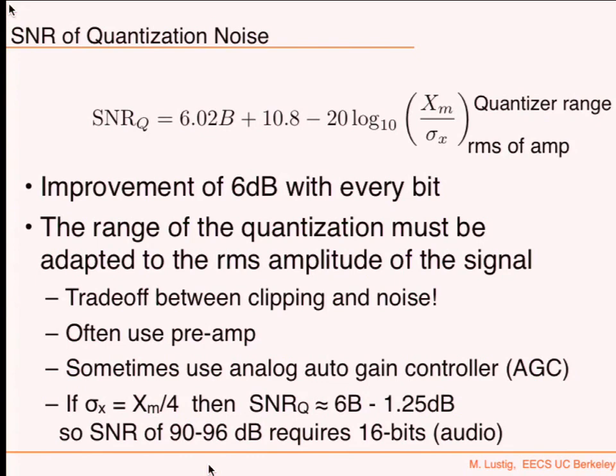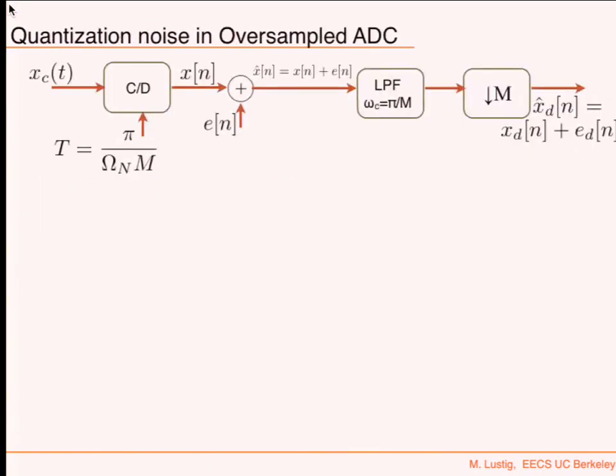But then I said before, what about oversampling? I mean, I need to do oversampling in order to compensate for the anti-aliasing filter, right? How does that affect my quantization noise? Well, let's take a look. In the case of oversampling, I got a signal, and I'm oversampling by a factor of M. So now I'm sampling a factor of M faster than the Nyquist rate.